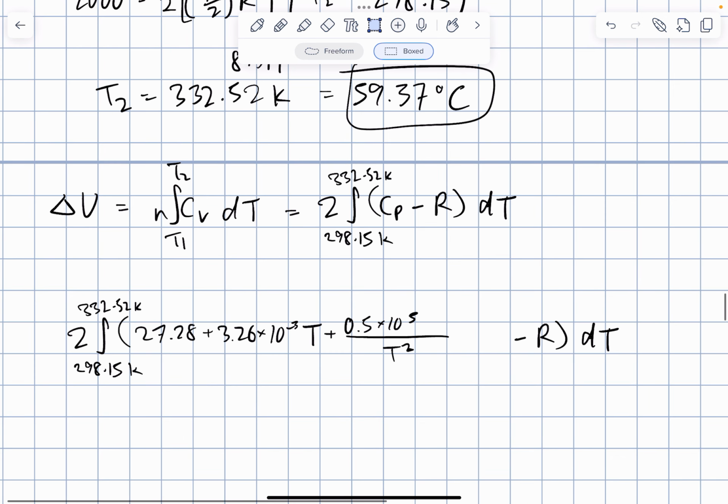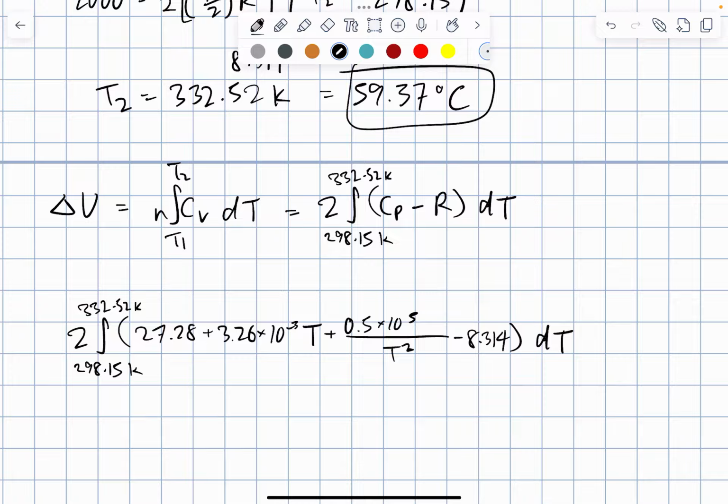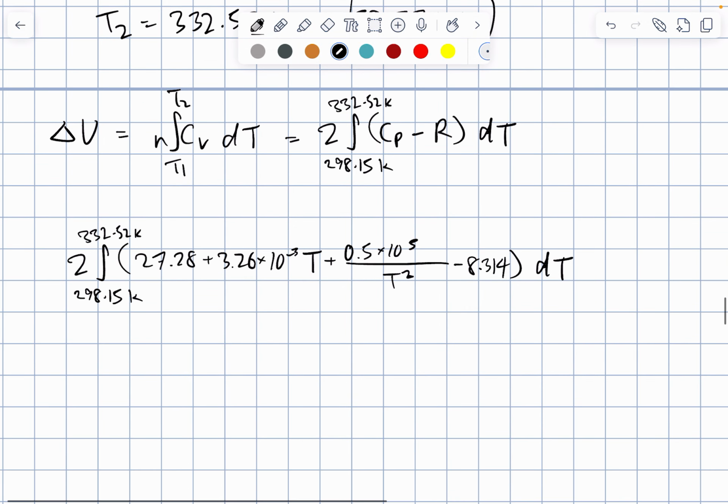Imagine how many times I had to write this in the exam, so you had to be efficient. On iPad you can just copy paste, but in the exam you cannot. Minus 8.314. Okay, so this sounds about right. Just input everything: 2 and then 27.28.